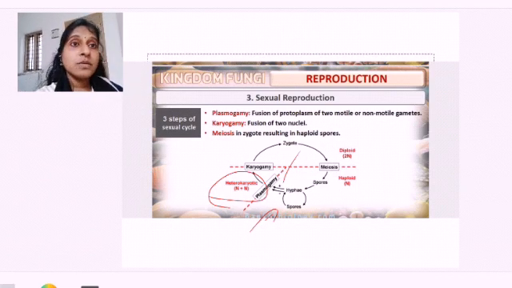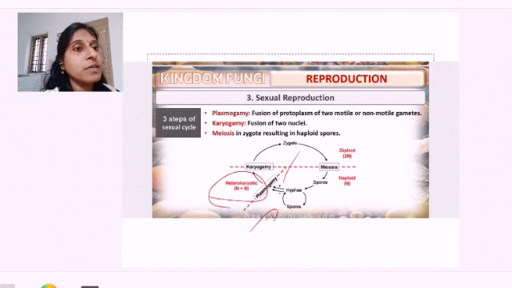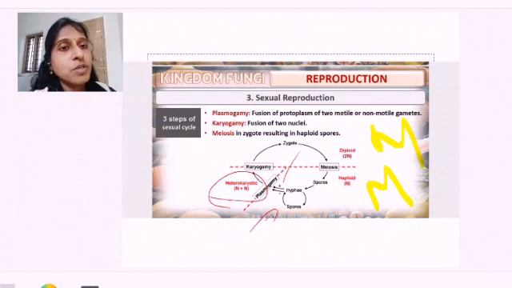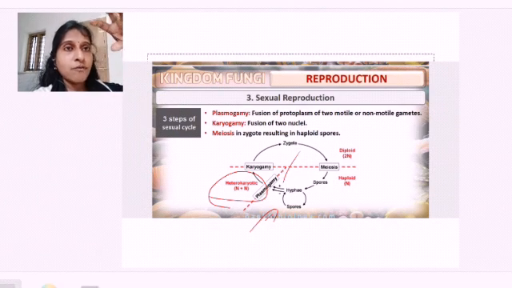This zygote will undergo meiosis. So what is meiosis? There are two types of division you have learned, isn't it? One is mitosis and another one is meiosis. In mitosis, one zygote is dividing and forming a cluster of cells and all the cells are similar.